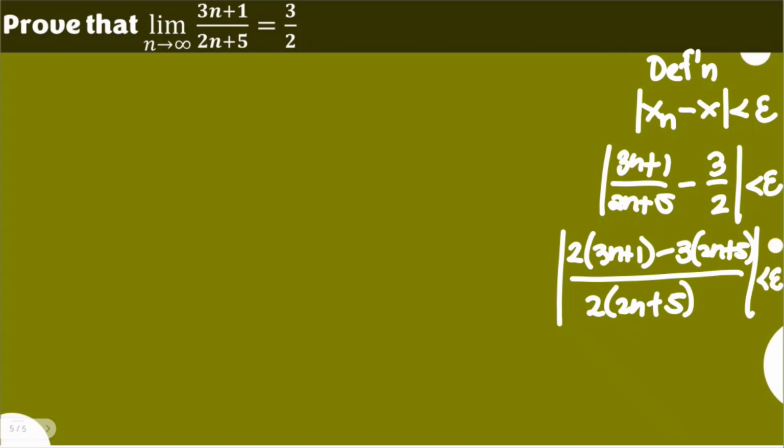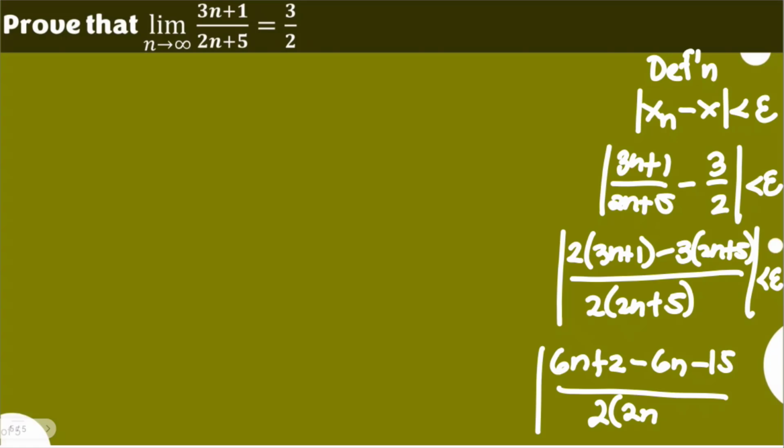Continuing here, this is not necessarily part of the proof, but it is very important for us to be guided on how our proof will look, or our target expression. You will have 6n plus 2 minus 6n minus 15, all over 2 times 2n plus 5, still less than epsilon.